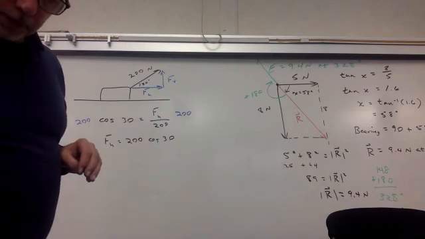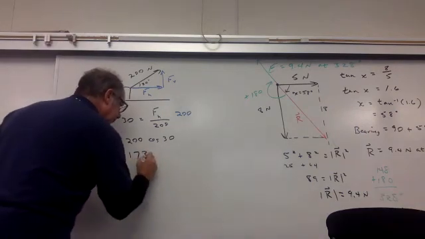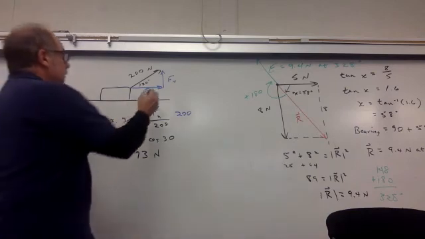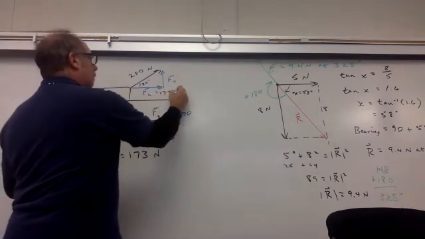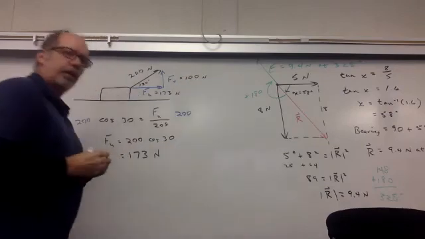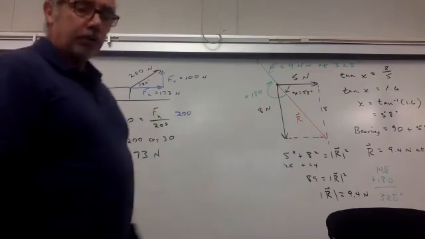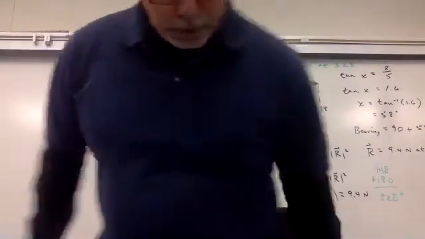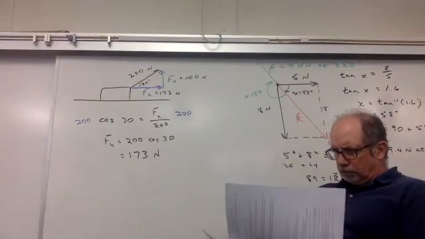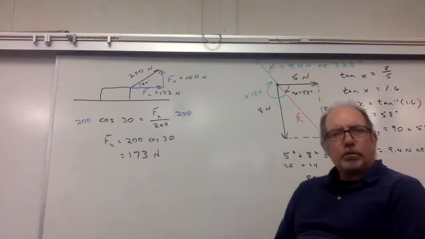Instead, it says 173. So that statement is false. If you worked it out, the vertical component has a magnitude of 100 newtons, but not the horizontal component. And that's the true false.